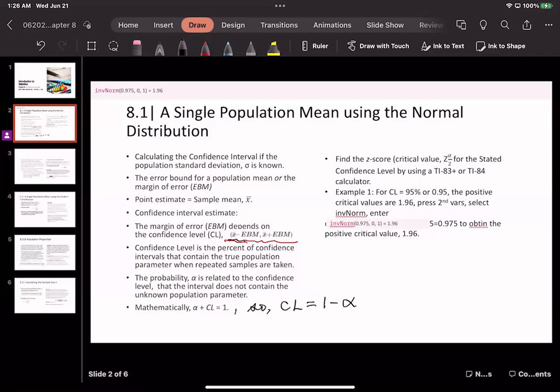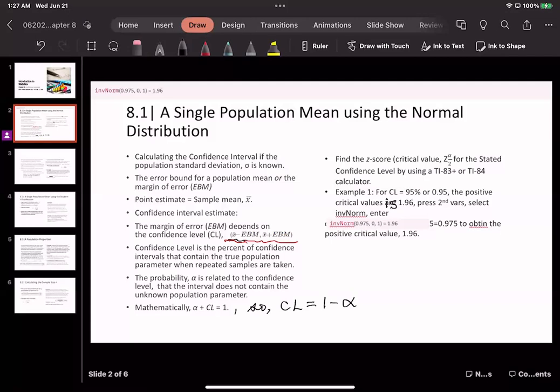Here is an example. For the confidence level CL equals 95% or 0.95, the positive critical value is 1.96.